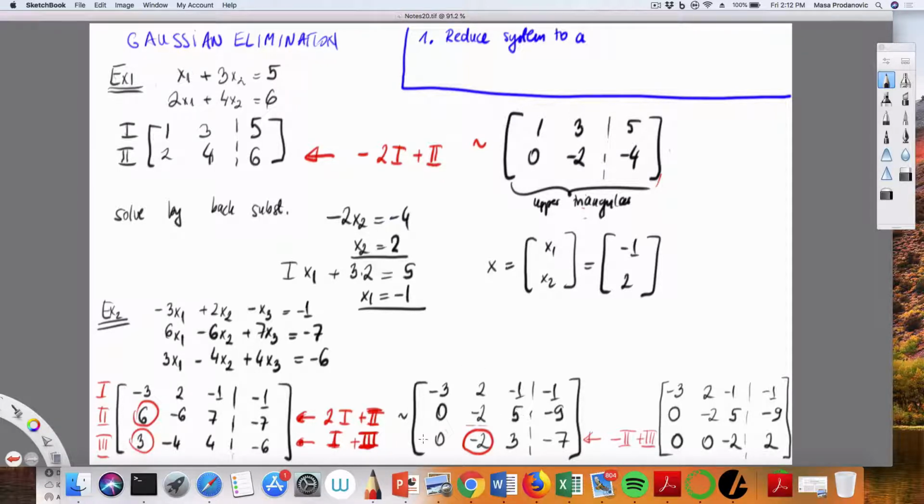And this is this upper triangle right here. And then the second part, and that's actually the system that we did here. I'm going to go through the steps in a moment. And then once you have that upper triangular system, use back substitution to solve.